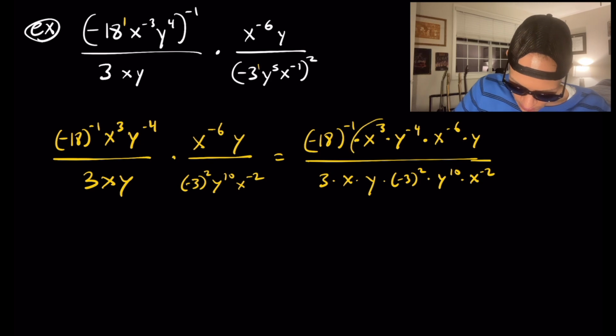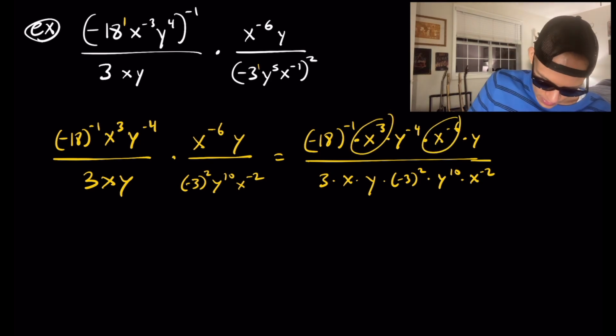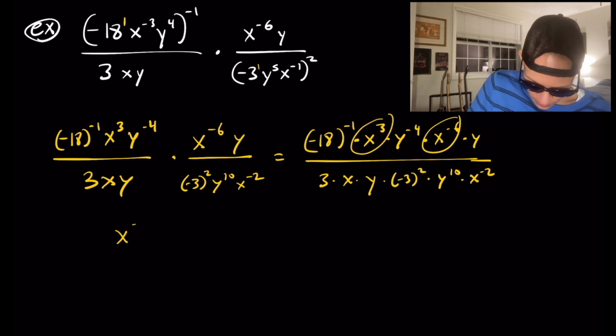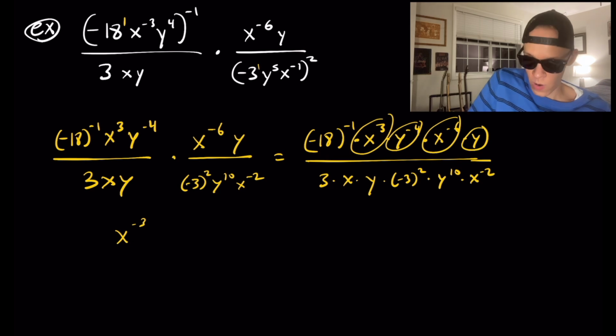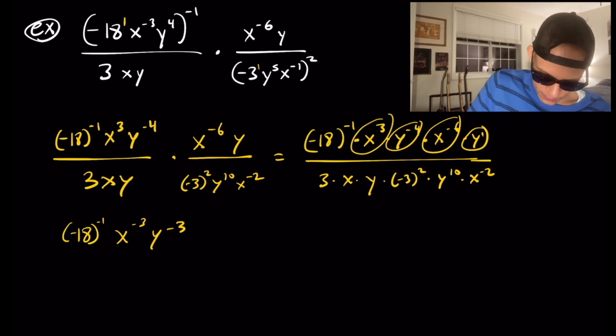So I see here x to the 3rd and x to the negative 6th. So that's going to give me x to the negative 3rd up top. I also see this y to the negative 4th and y to the 1st. So that's going to give me y to the negative 3rd. And then I have the negative 18 to the negative 1st power there still.